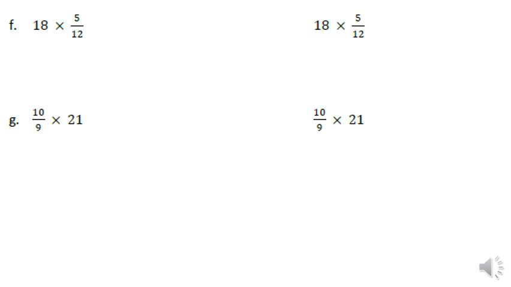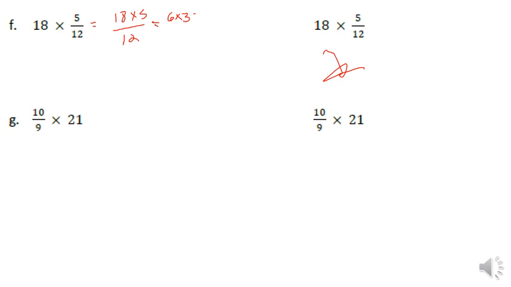Okay, on F, 18 times 5/12. So this is going to equal 18 times 5 over 12. Now if you notice on this one, I don't have any multiples of 12 on top, but I can break this down because I know that 18 and 12 both have 6 as a common factor.